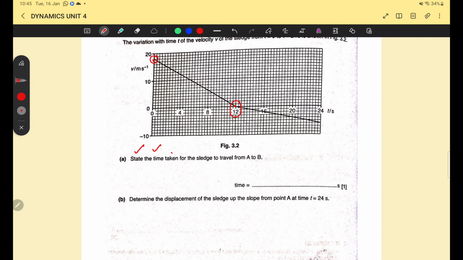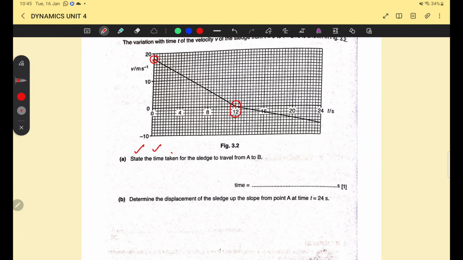Then she moves towards B. At B, she will come to rest. The child applies a brake to the sledge at point B. The brake does not keep the sledge stationary, and it immediately slides backward down the slope towards A.